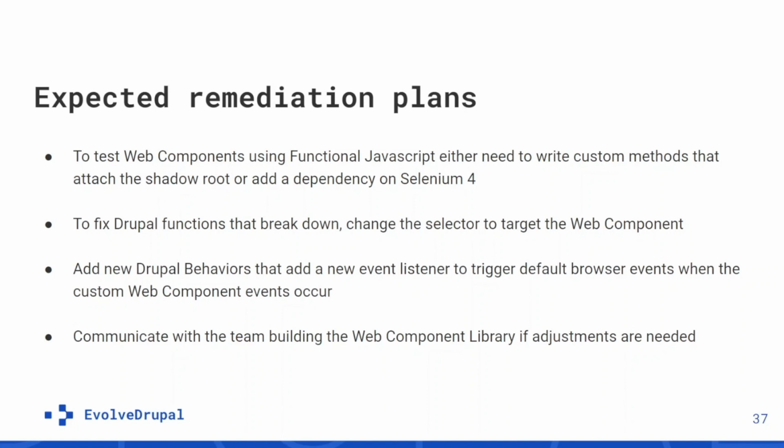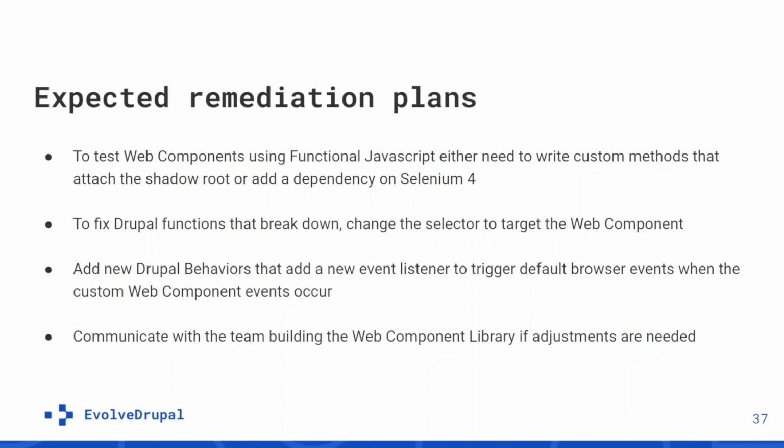Instead of directly looking for that link tag, you first attach the shadow root and then you can select the link tag. It does get a little complex though, because these web components also get nested. So if your link tag is, say, three web components nested deep, you have to select every web component and then attach the shadow root to eventually get into that link tag. So it's a lot of work.